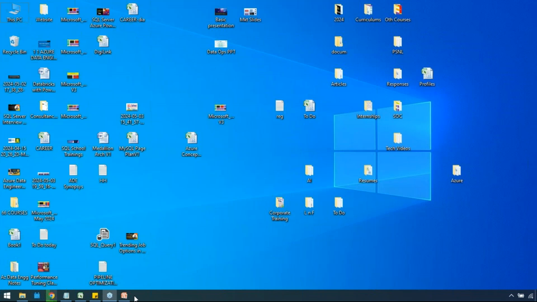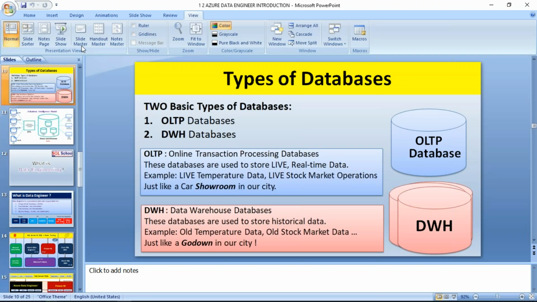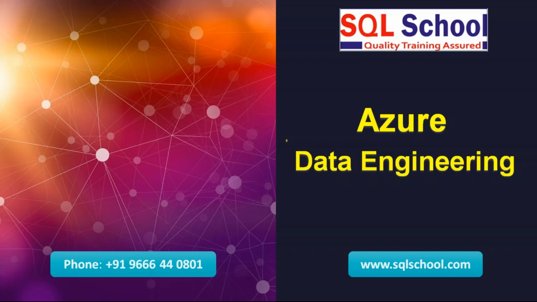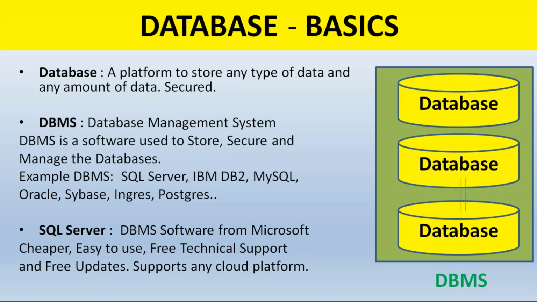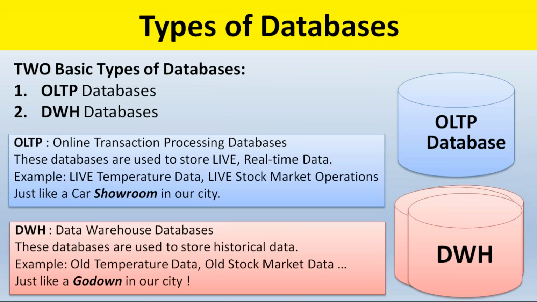Let's come back to the point now. We have two types of databases: OLTP and data warehouse. My living room, OLTP. My storeroom, data warehouse. Or for example, a showroom in the city: live OLTP, eye-catchy information.